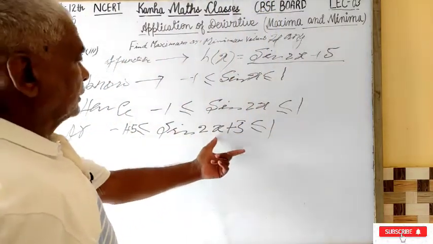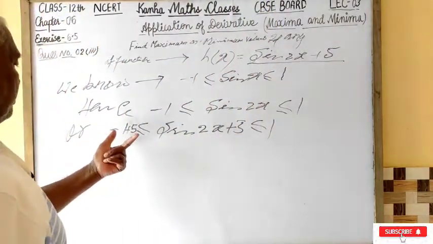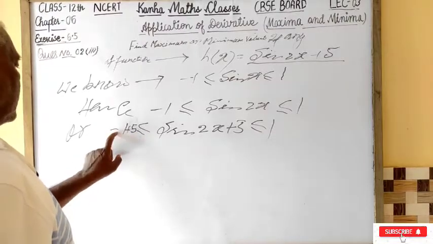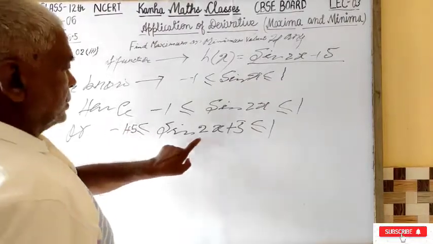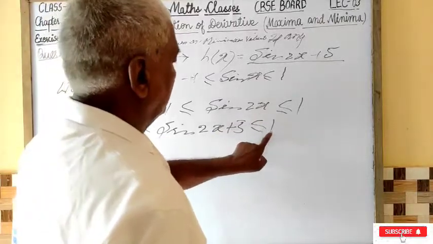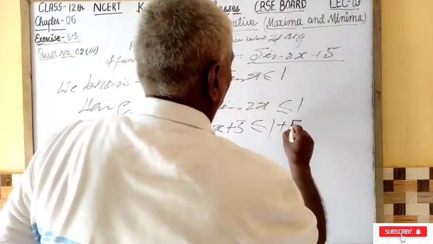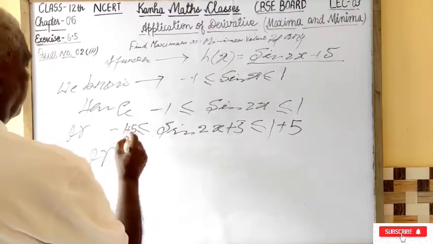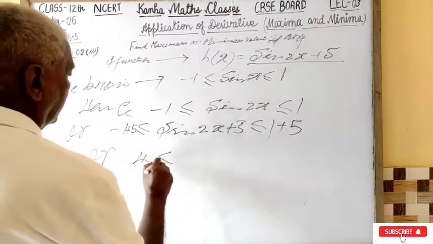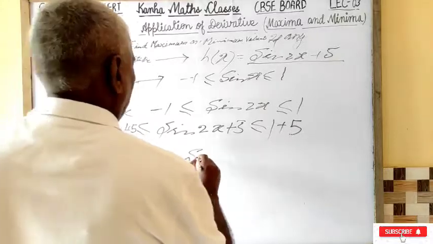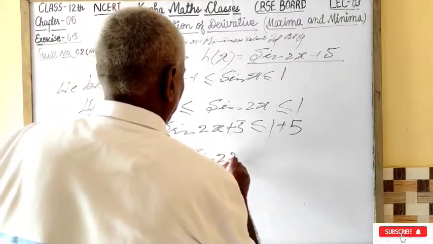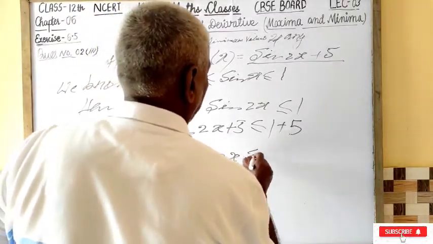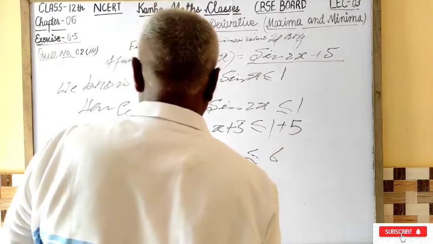So sin 2x plus 5 will be between minus 1 plus 5, that is 4, less than or equal to sin 2x plus 5, less than or equal to 1 plus 5, that is 6.